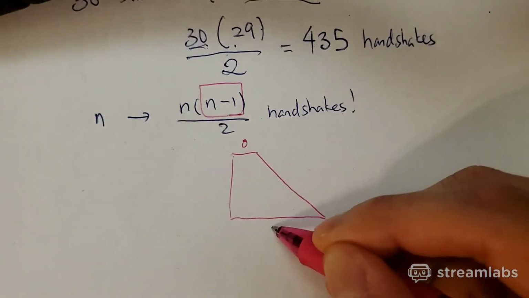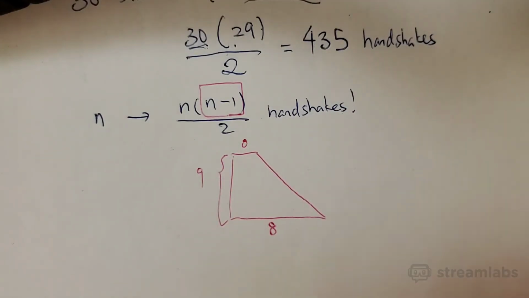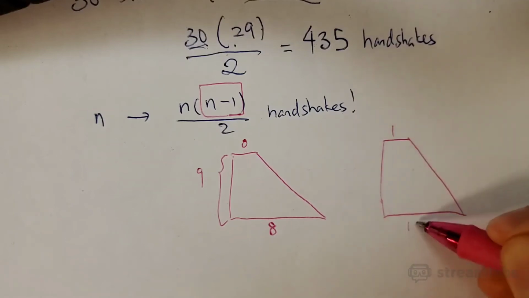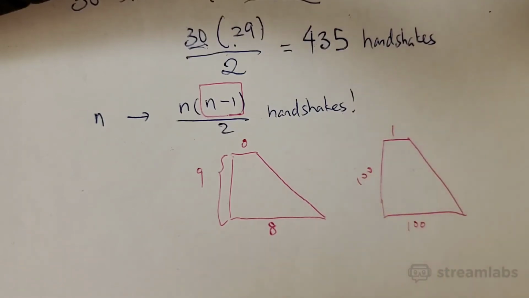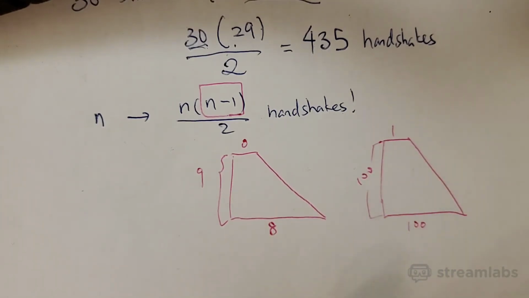So right now you have 0 and 8, and then you have 9 here. The thing before, you had 1 being your first term, and you have 100 here. So it's the same model. It's a trapezoidal rule, but you are starting with a different base, basically. Okay.